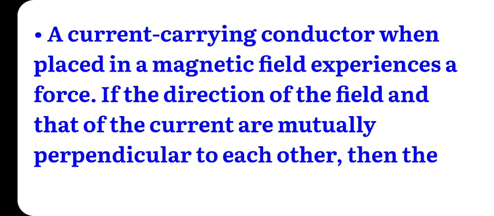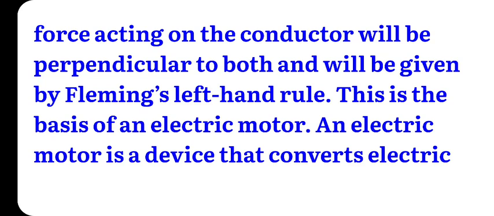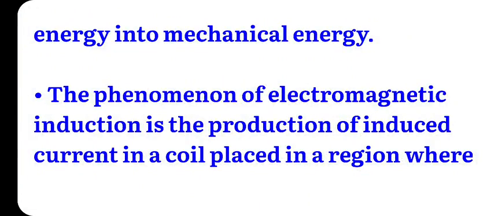If the direction of the field and that of the current are perpendicular to each other, then the force acting on the conductor will be perpendicular to both and is given by Fleming's left hand rule. This is the basis of an electric motor. An electric motor is a device that converts electric energy into mechanical energy.